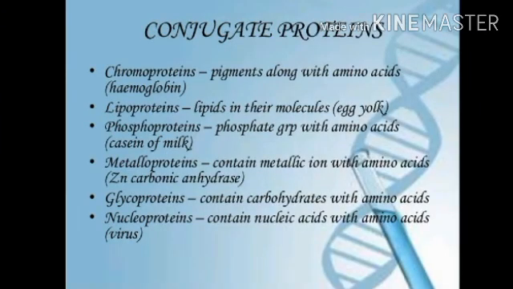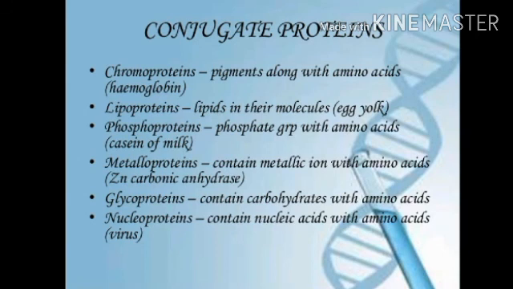The examples of conjugated proteins are chromoprotein, meaning color protein. Pigment along with the amino acid is called chromoprotein. Example, hemoglobin. Lipoprotein: if lipids are attached to the protein molecule, it is called lipoprotein. For example, egg yolk.